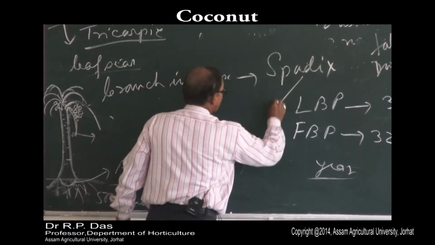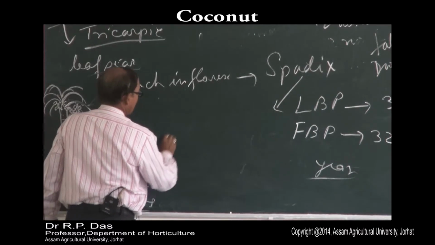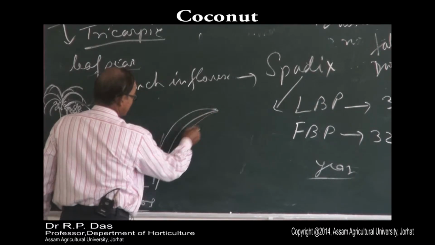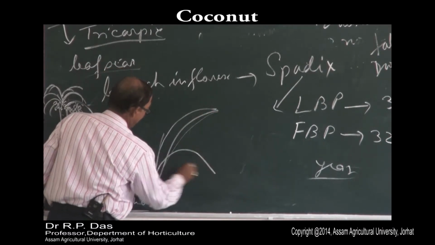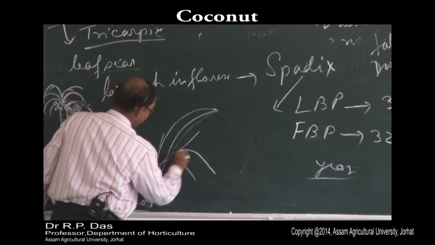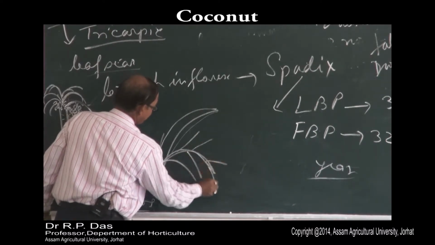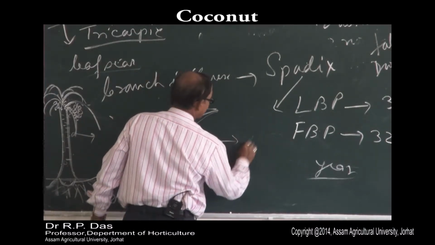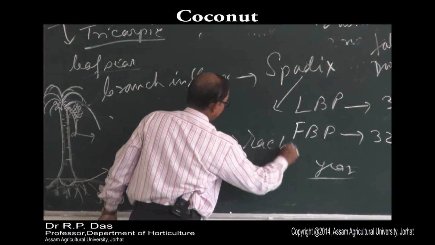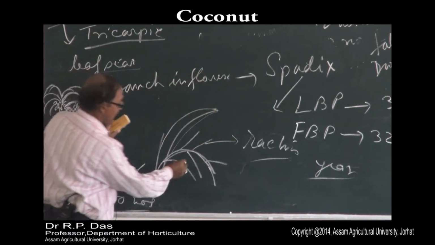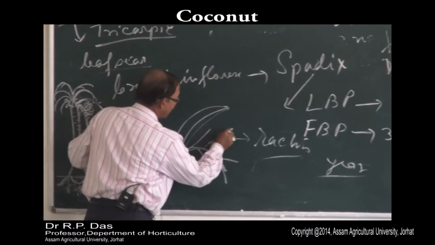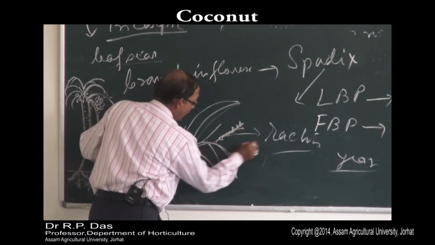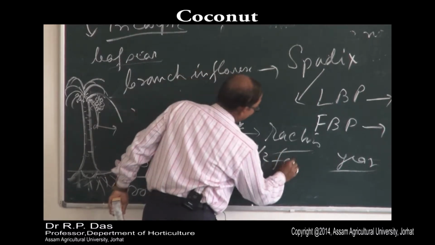And spadix consists of numbers of branches, and each branch is known as rachis, and each rachis is full of male flowers and with 1 or 2 female flowers.